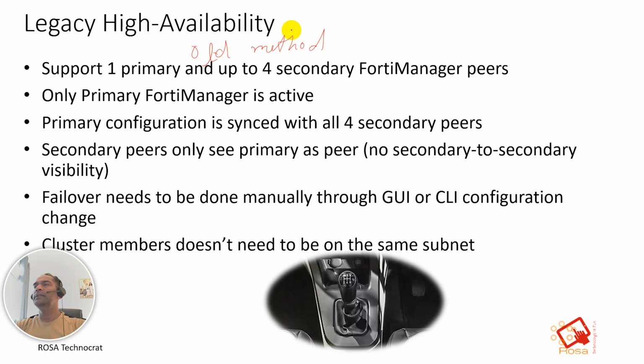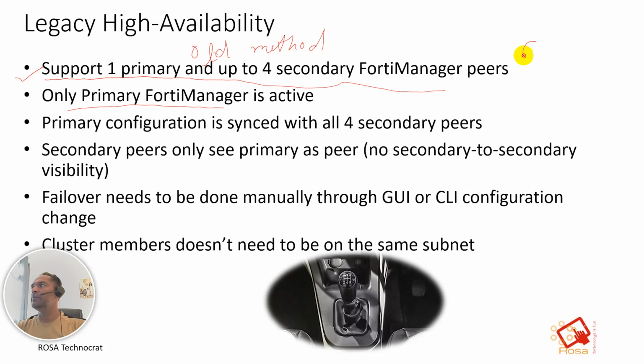Under the legacy high availability option, these are the limitations, or how this works. The old method supports one primary and up to 4 secondary FortiManager peers. Only the primary FortiManager is active.